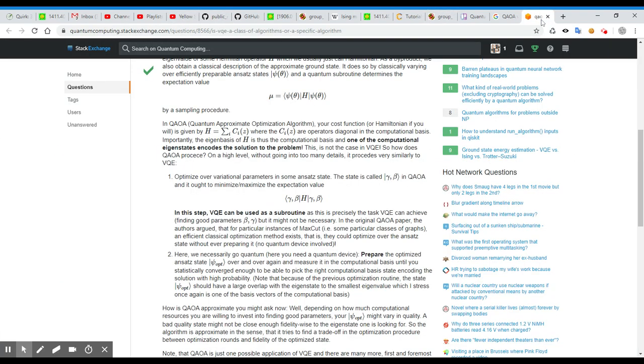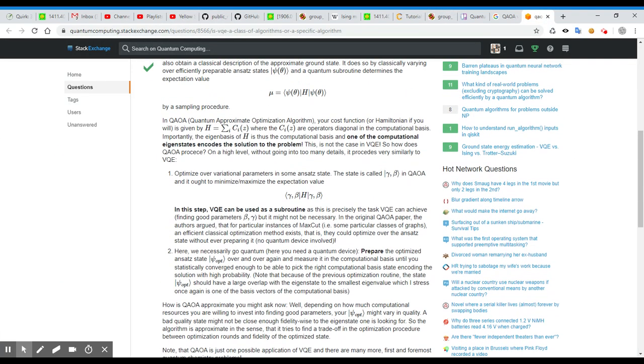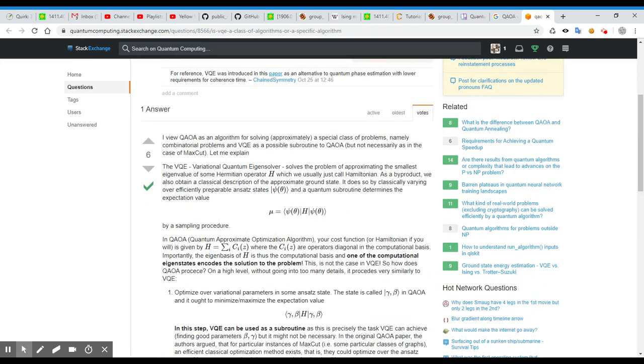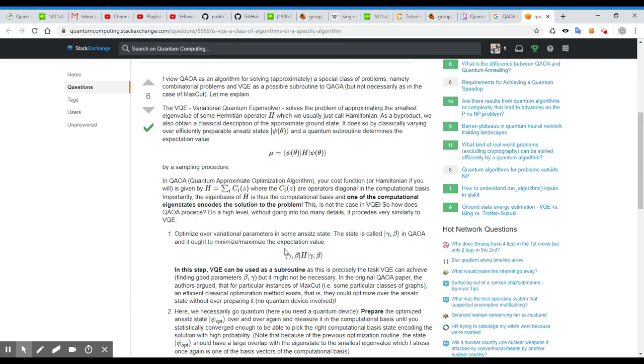Where was I here? So one thing that I didn't fully understand was that in QAOA your cost function is given by a specific operator, diagonal in the computational basis.